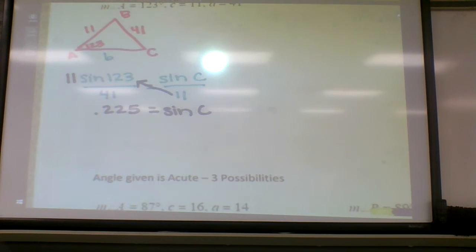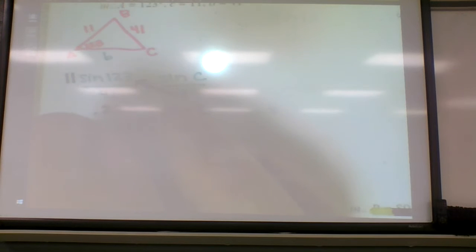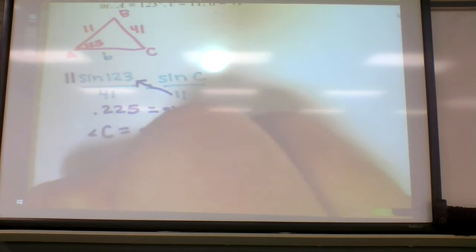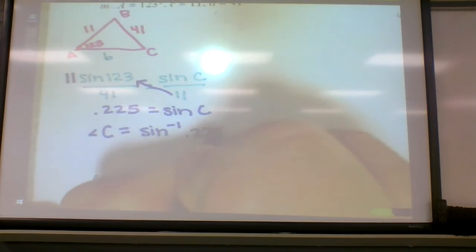And then I need angle C. So how do I get rid of that sine function to get angle C? Sine inverse. Yes, you can get rid of the sine by inversing. So angle C will be equal to the sine inverse of that 0.225.